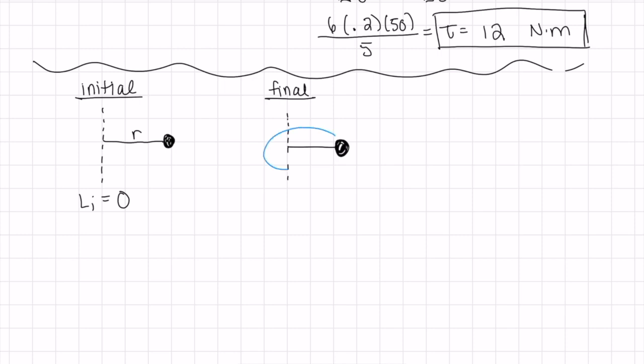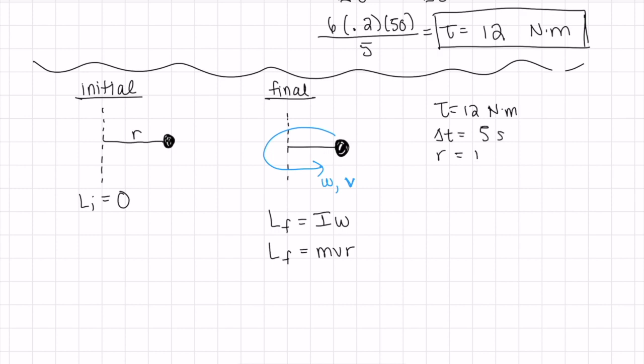this will now be moving with some omega and consequently some v when it's let go, and we'll have L final equal I omega, or like we said, because of the situation we have, we can write that as MVR as well. And our torque is 12. Our change in time is 5 seconds.